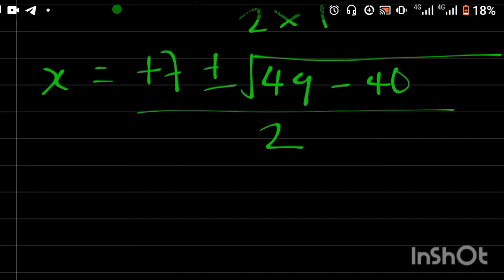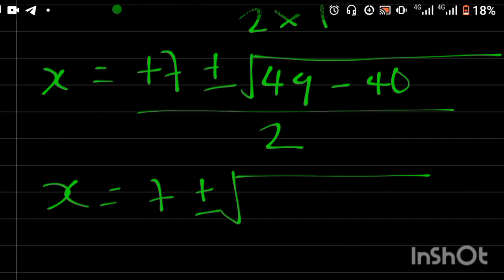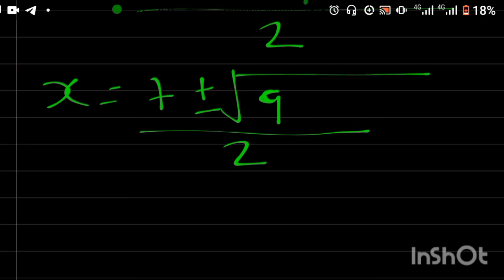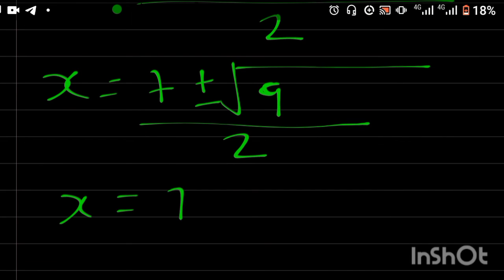I have x is equal to 7 plus or minus square root of 49 minus 40. The answer is 9 over 2. Then x is equal to 7 plus or minus the square root of 9, which is actually 3, over 2.